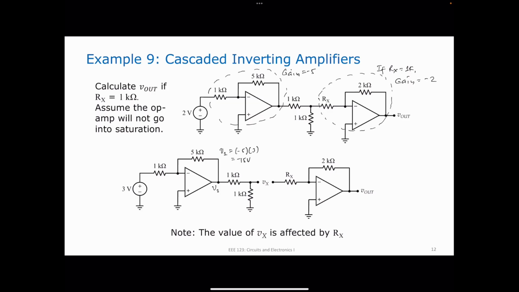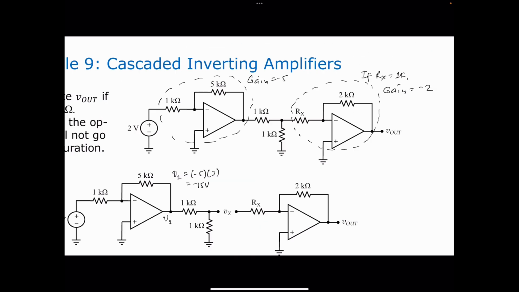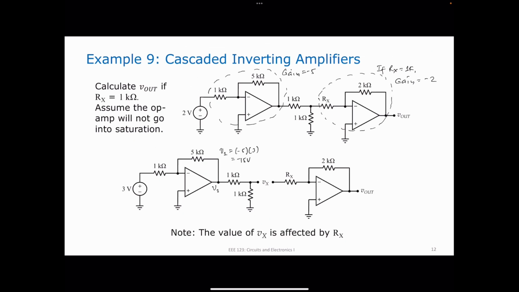So Vx, since these are equal, is just 1/2 of minus 15, minus 15 over 2. So I'm going to get minus 7.5 volts. If I now apply minus 7.5 volts to this op-amp, what will I get?